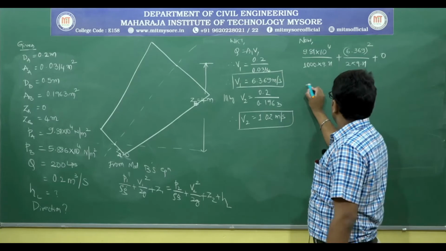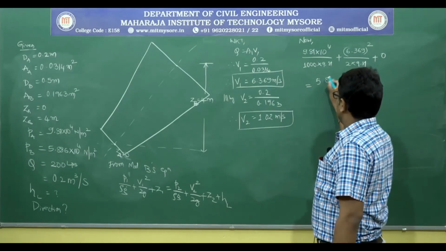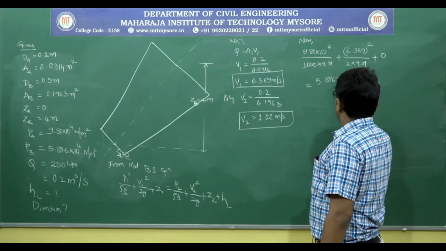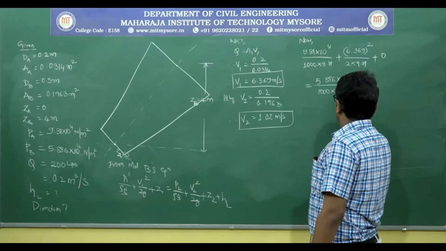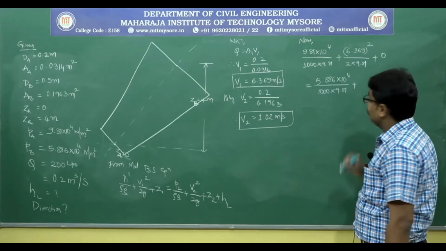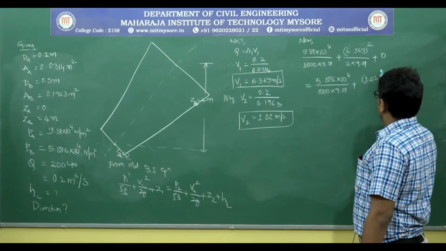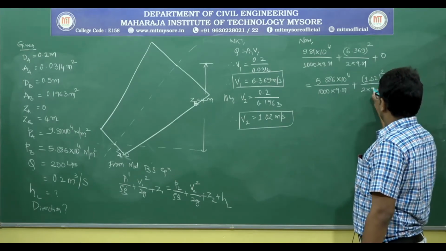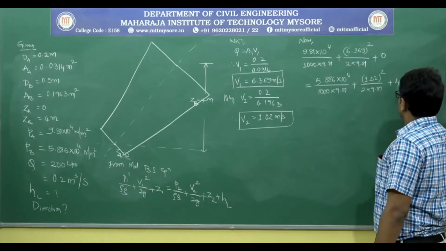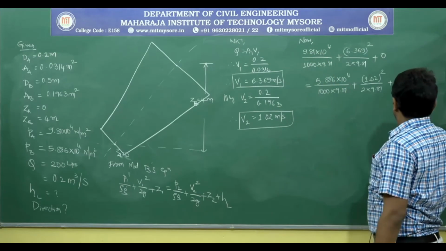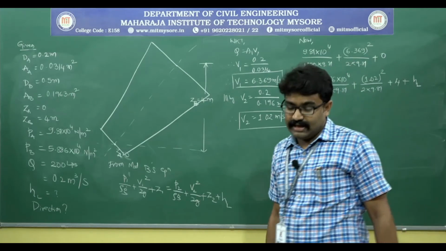This must be equal to P2, which is 5.886 into 10 power 4 divided by 1000 into 9.81, plus V2 square, 1.02 square divided by 2 into 9.81, plus Z2 is 4 meters, plus finally HL.